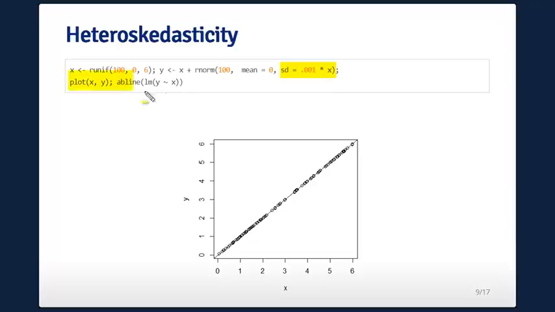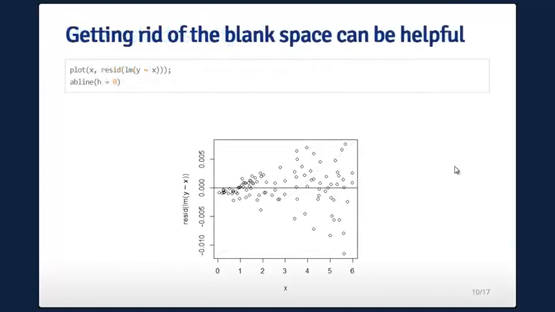So again, let's plot it. If you plot it, it looks like a perfect regression model fit with nothing wrong. But if you do the residual plot, you can see the heteroscedasticity very clearly. That's the variance of the response increasing.